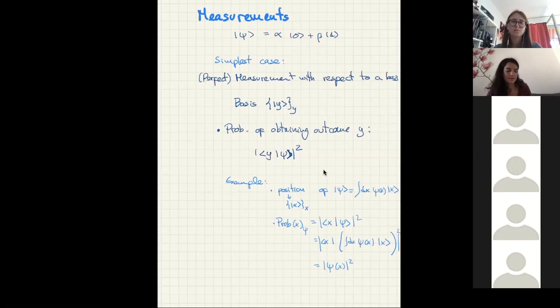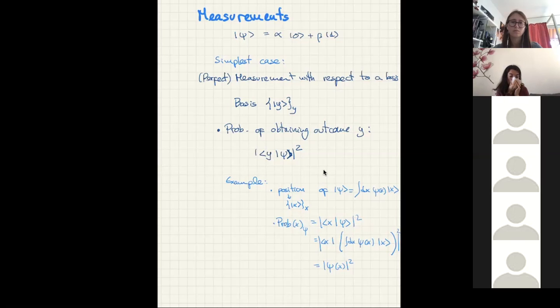So this is why the wave function is sometimes called the amplitude, and the amplitude squared gives us the probability of getting the outcome. This is also the reason why we want it to be normalized, because we want all the probabilities to sum up to 1.